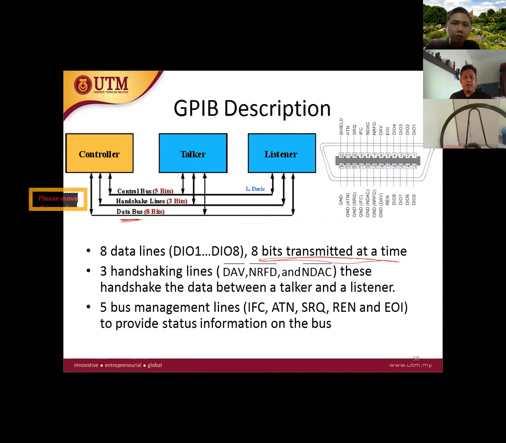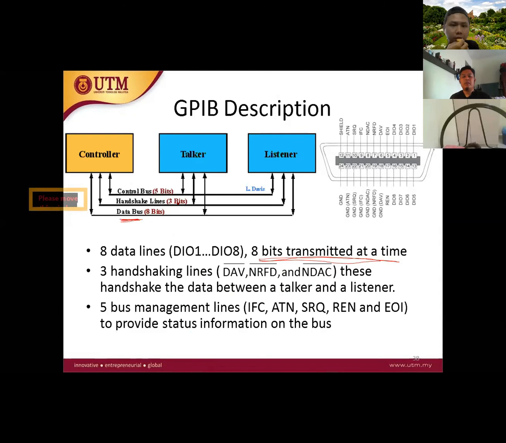In the handshaking lines, the signals are DAV bar, NRFD bar, and NDAC bar. This is called the handshake between the listener and the talker.